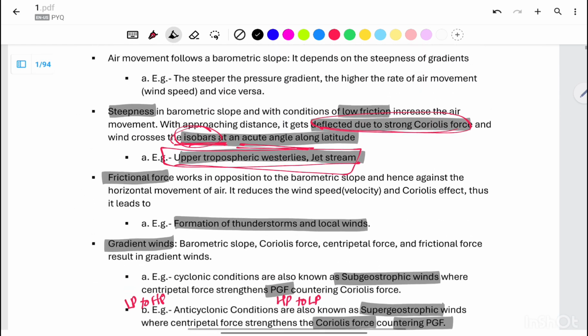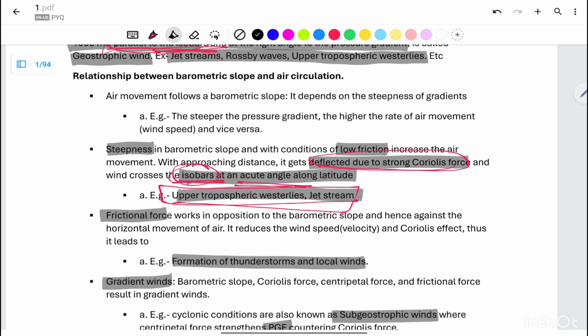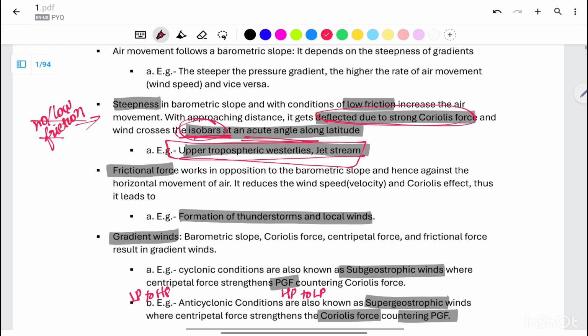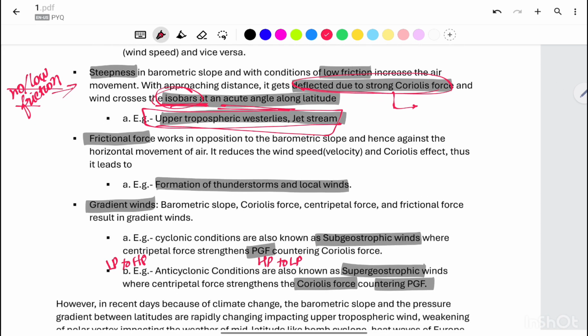First is no friction. What happens when there is no friction? Here we have no or low friction, right? First there is the friction, and then it is deflected due to the Coriolis force alone.